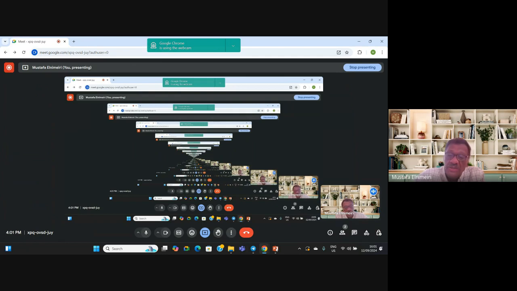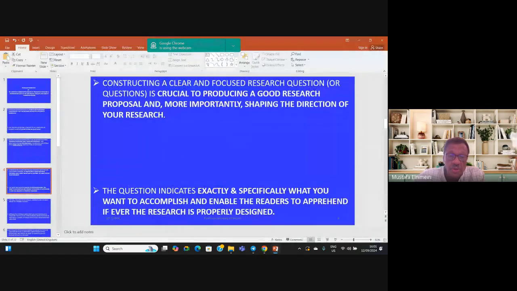questions that the investigator is trying to find answers for through the conduct and implementation of the research project.